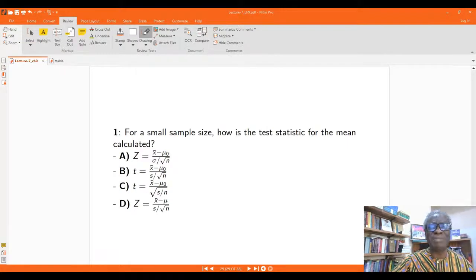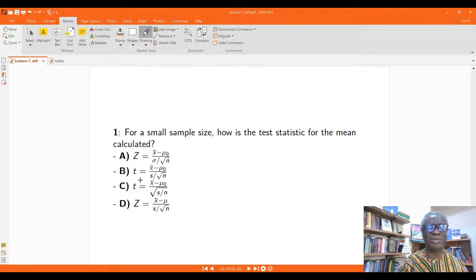For a small sample size, how is the test statistic for the mean calculated? So look at the expressions. The moment you see Z and you see sigma, the population standard deviation, you should rule that out.